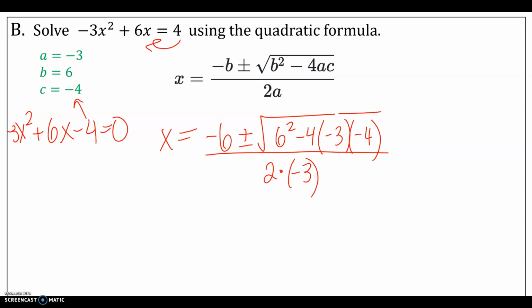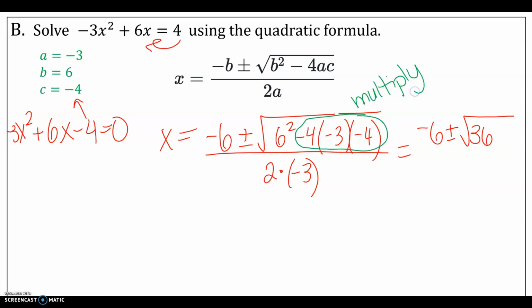All right, so it's going to get a little bit ugly. So negative 6 plus or minus 36. Now be very careful here. I want you to take the negative along with it. And we're going to multiply these.